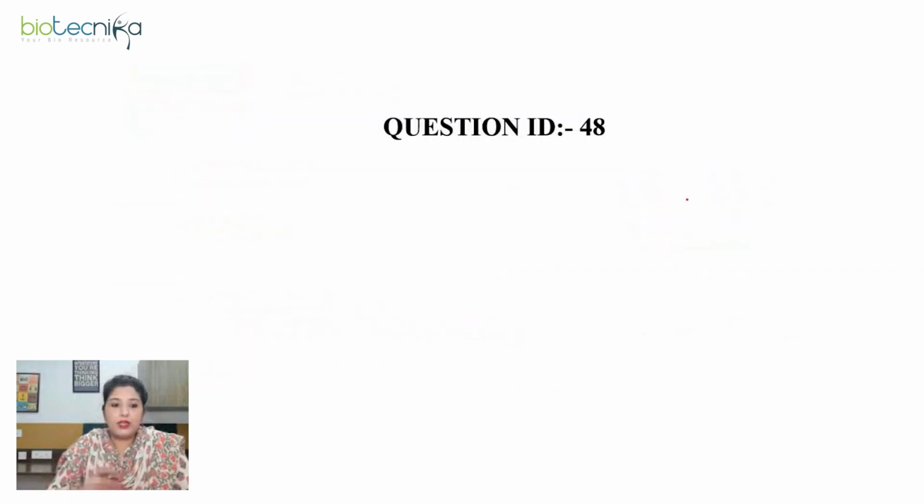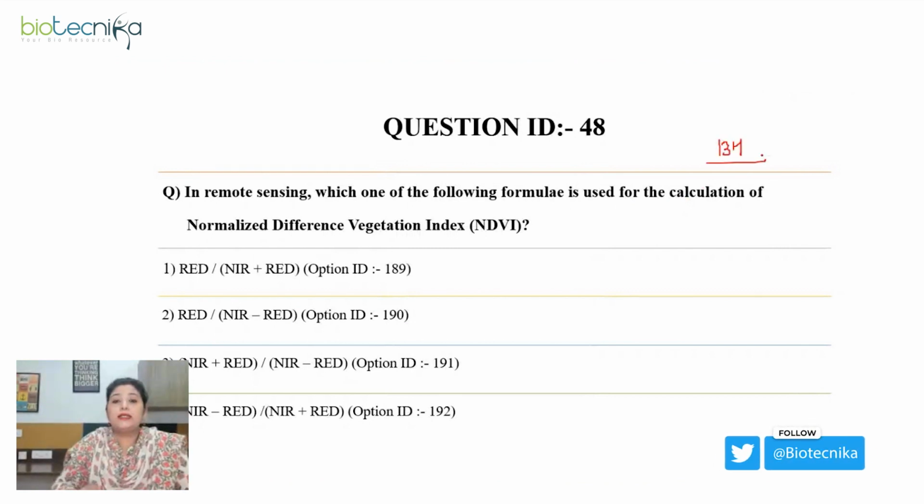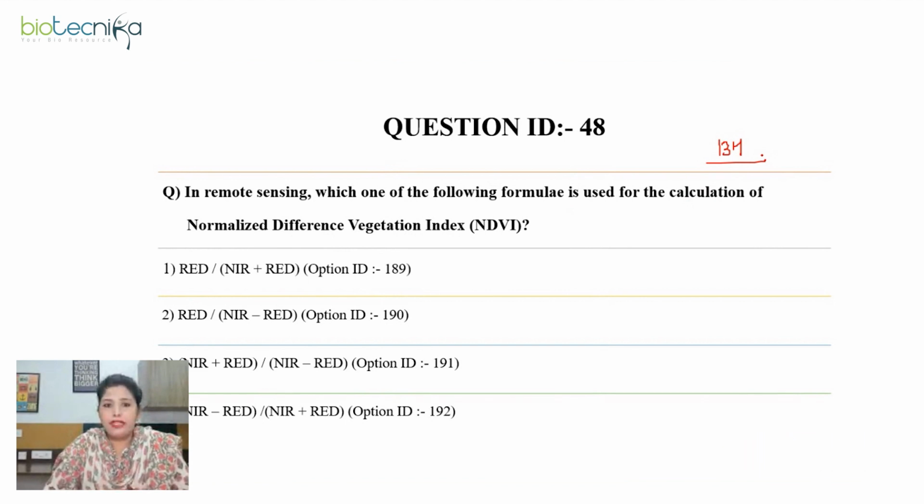Moving on to another question. This question is from subunit 13H, that is methods in field biology. And it's a very direct memory based question. The question is about remote sensing. In remote sensing, which one of the following formula is used for the calculation of NDVI, that is normalized difference vegetation index?